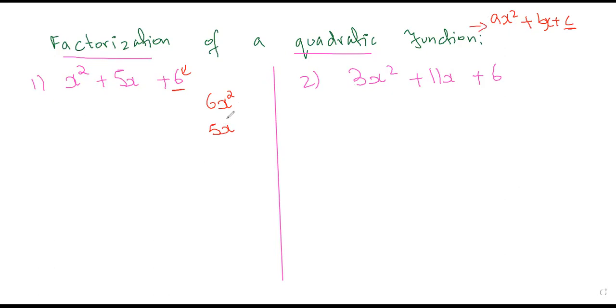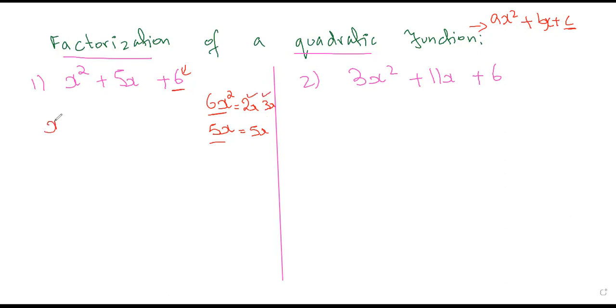So I'll think about the factors of 6x squared. One possibility is that I multiply 2x with 3x, and I know that when I add 2x and 3x, I will get 5x, right? So we have to stop here and we got our numbers.